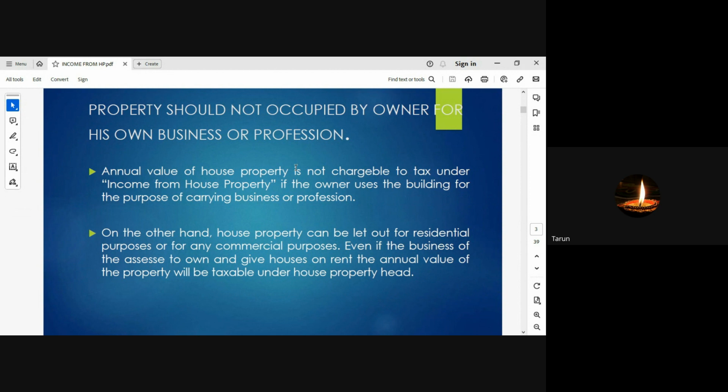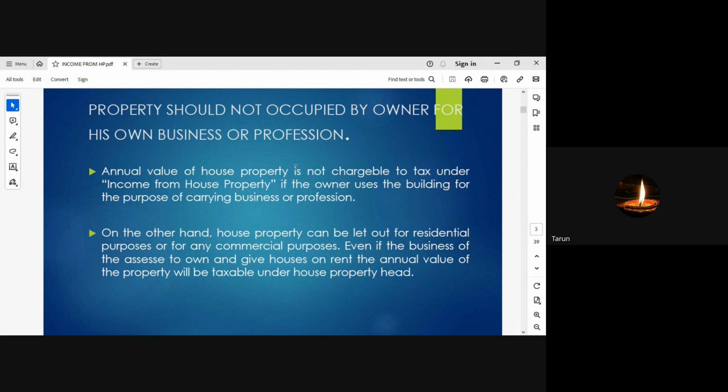It is a very important point, because in various theoretical questions it is asked whether such income would be taxable under income from house property. Such property should not be occupied by the owner for its own business or profession. These are the two very important points for theoretical purposes.